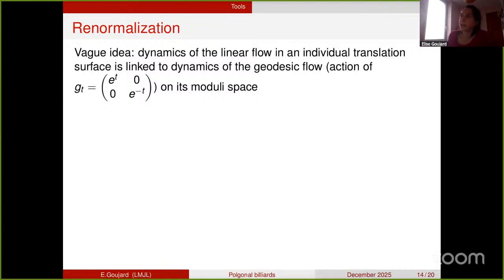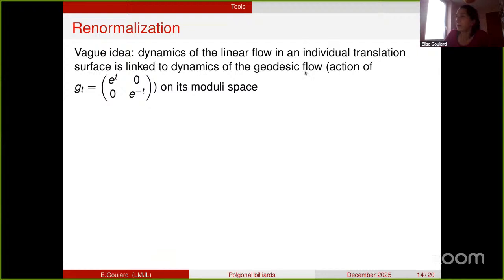So the vague idea is that if you want to study the linear flow in some fixed translation surface, it is related in a sense to the dynamics of some flow in the moduli space. So in the family of all surfaces sharing the same singularity data.